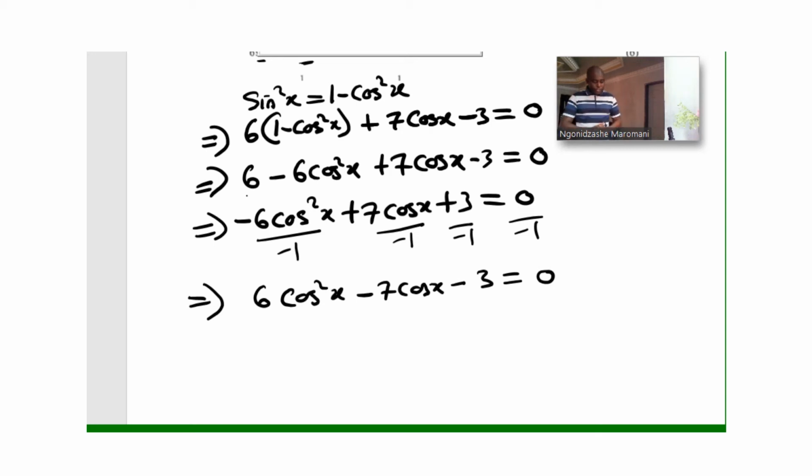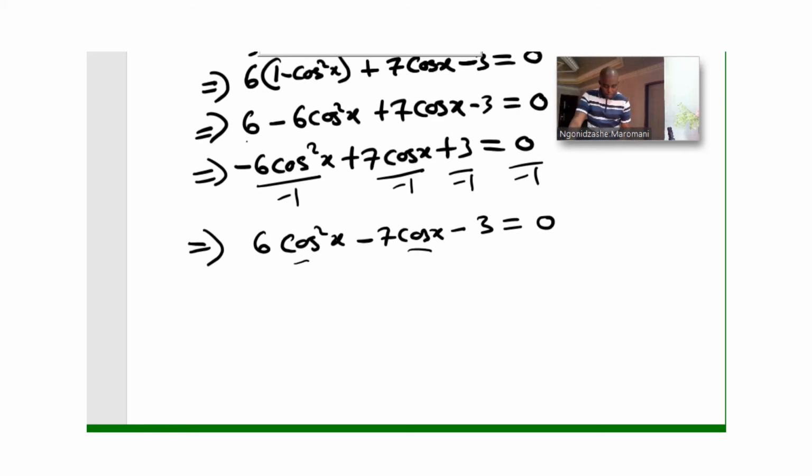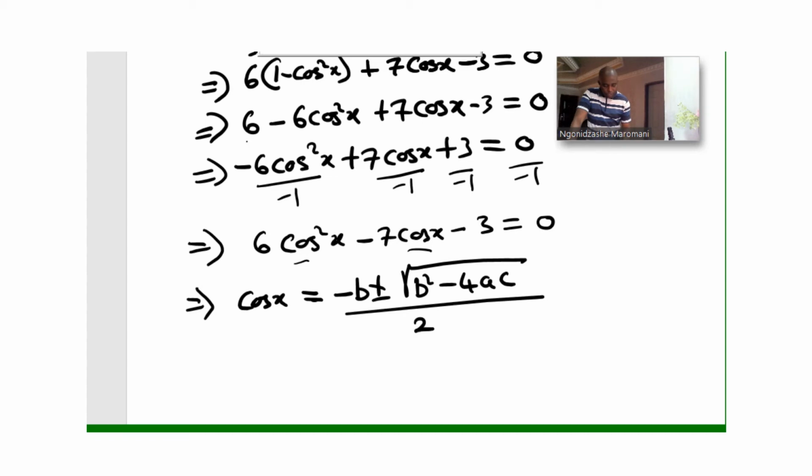Right, now can you see that it's all in terms of cos, which means it becomes a nice quadratic equation. So solving it, I normally encourage learners to use factorization if they can. If they can't, you can simply use the quadratic formula. Maybe let's look at the quadratic formula for now. I'm solving for cos x, which means it's equal to minus b plus or minus the square root of b squared minus 4ac all over 2a.